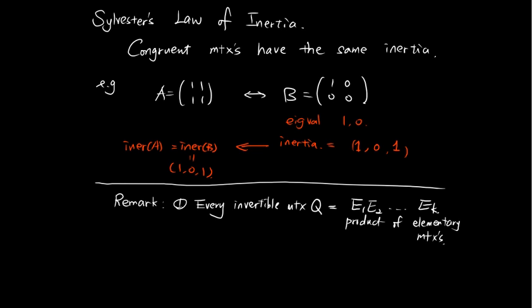This is a basic linear algebra fact: if you take an invertible matrix and keep doing row operations, in the end it will become the identity matrix. Every operation corresponds to an elementary matrix. Therefore, you can write every invertible matrix as a product of elementary matrices, and each of them corresponds to a row or column operation.